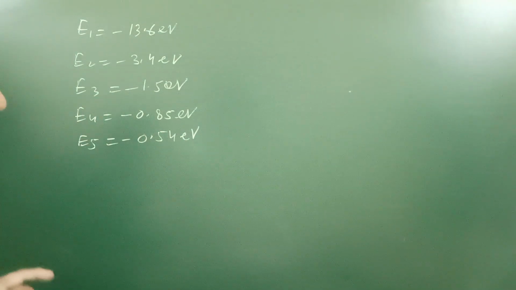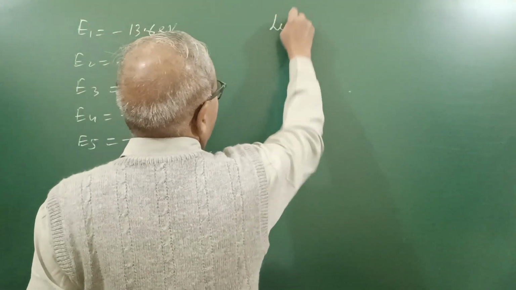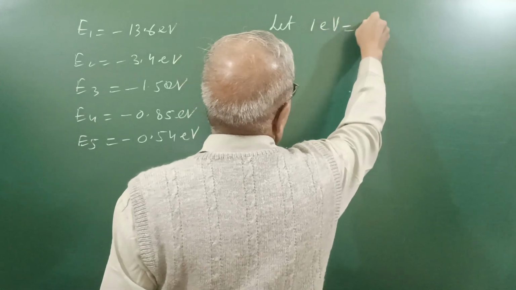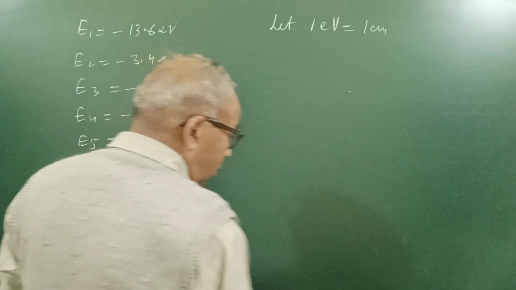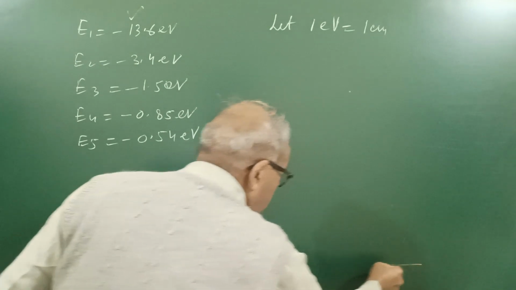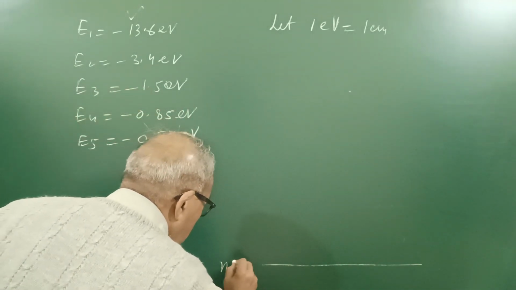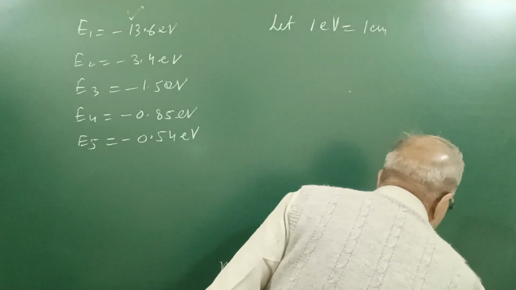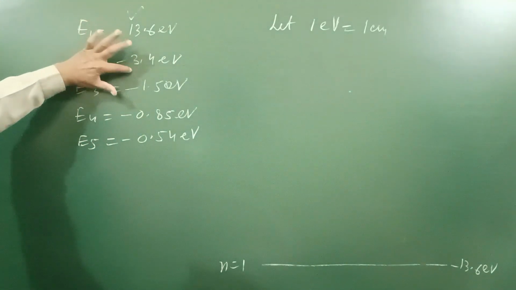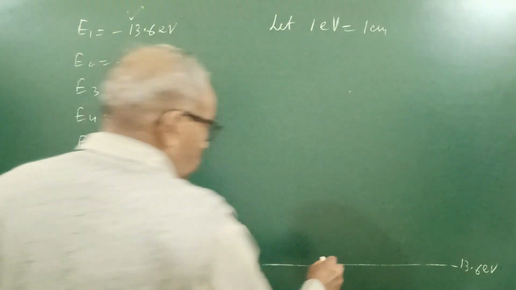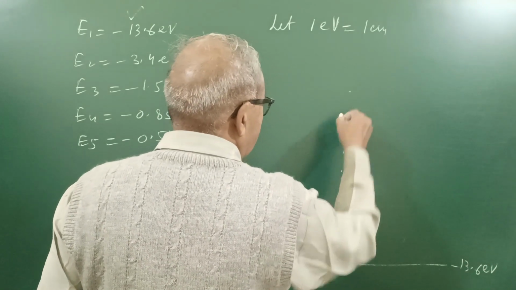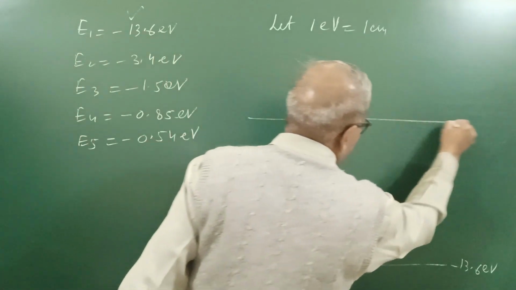So how to represent? Let us have a scale: 1 electron volt equal to 1 centimeter length. The lowest value of electron energy is n equal to 1, here minus 13.6 electron volt. Then n equal to 2, the difference is 10.2, so 1, 2, 3, 4, 5, 6, 7, 8, 9, 10 centimeters.